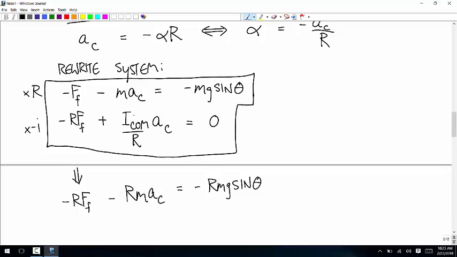And then the second equation, we're just taking the opposite of that one. So we have positive RFF minus ICOM over R times AC is equal to 0.